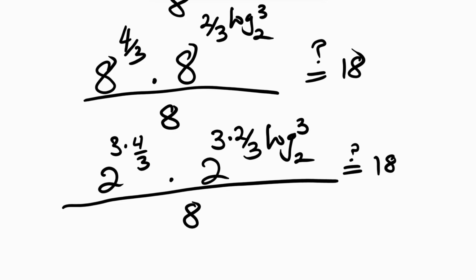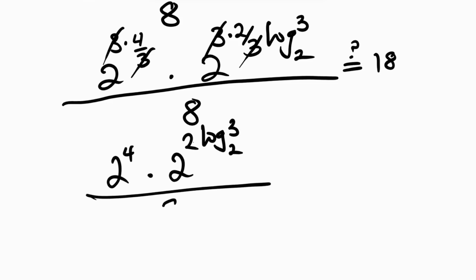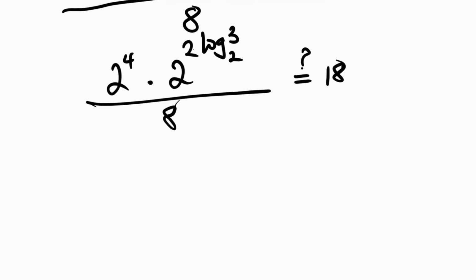So 3 cancels out, 3 cancels out. So we have 2 raised to the power 4, times 2 raised to the power 2 log 3 base 2, over 8. See if it's equal to 18. 2 times 2 is 4, 4 times 2 is 8, 8 times 2 is 16.